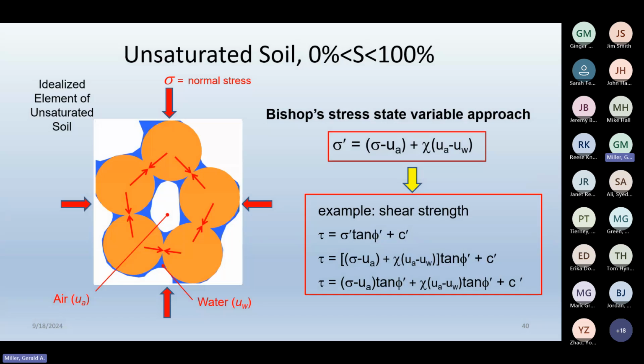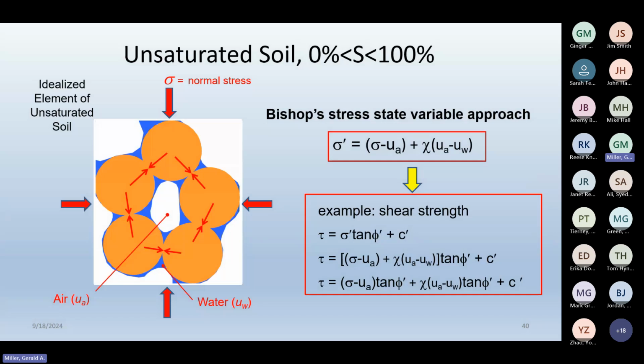So the Bishop's effective stress approach defines effective stress as shown there. So it accounts for the presence of the air phase and the matric suction that develops because of that. And so it's what we call the net normal stress, the difference between total stress and air pressure, which is often zero, and then plus that additional term due to the suction.